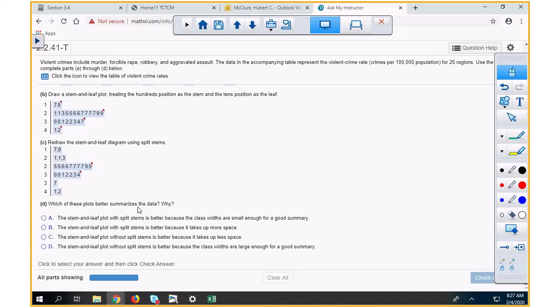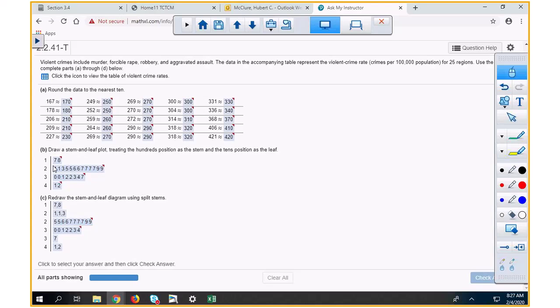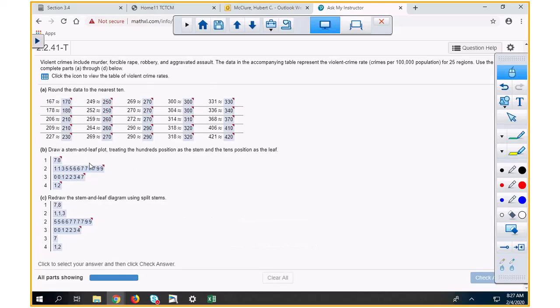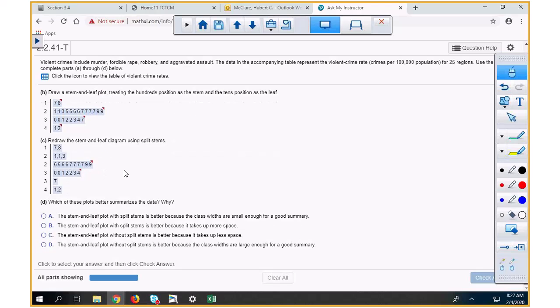Which of these plots better summarizes? It's always going to be this one. It should be this one. Why? Because to me, you're taking away from the normal curve doing this. I'm probably going to get it wrong, though, because common sense says you go with the raw data, which is the tens.